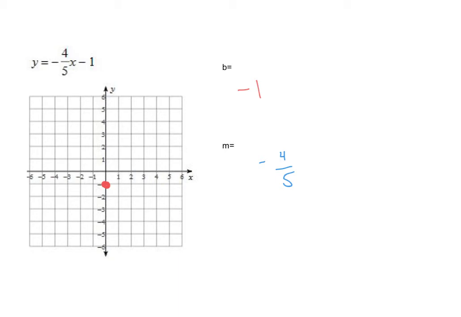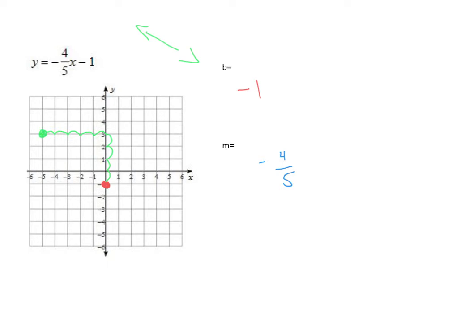Because this is a negative number, my line must be downhill. So I could plot a point by going up 4, 1, 2, 3, 4, and to the left 5, 1, 2, 3, 4, 5.